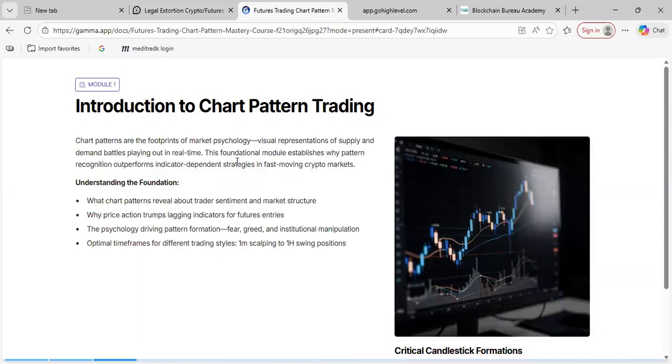Then there's the psychology behind what drives pattern formations in the first place. What are the buyers thinking? What are the sellers thinking? How are the buyers moving in the markets? Are the buyers moving slower? Are the sellers moving faster? Those are different components that allow you to get a clear visual of what the market is potentially doing.